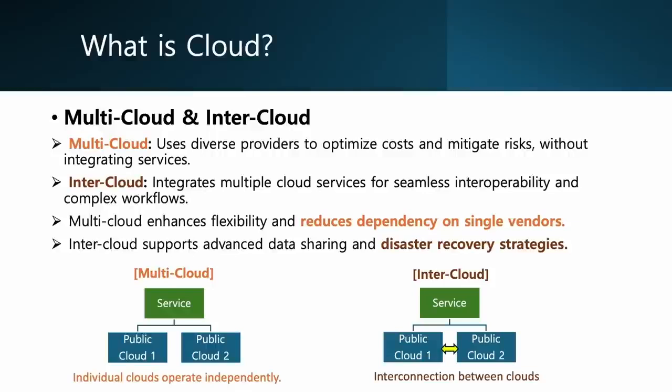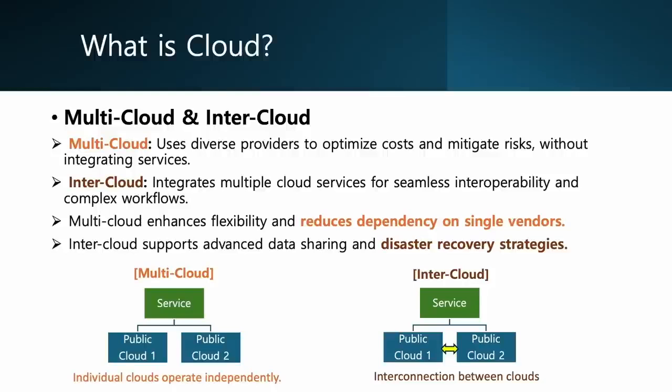Let's learn more about this. First, multi-cloud is an approach to optimizing costs and mitigating risks by using different cloud providers. By using multiple providers, you can leverage a variety of resources without being dependent on a single provider. However, these services are not integrated, so you need to manage each provider's services separately.